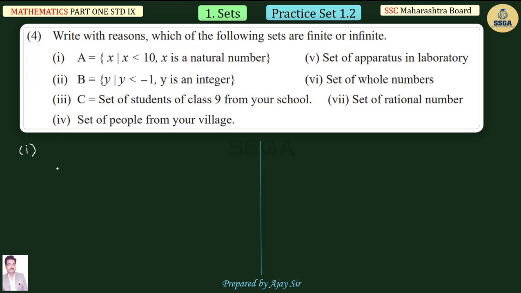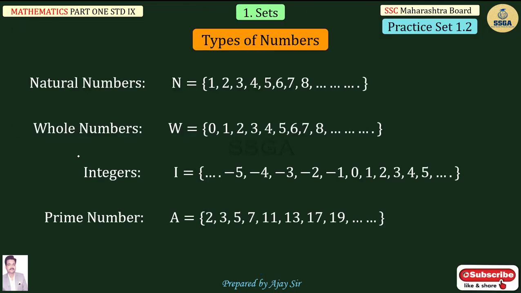The set A is the set of all x such that x is less than 10 and x is a natural number. Natural numbers start from 1, 2, 3, 4, and the given condition is less than 10, so less than 10 means up to 9.